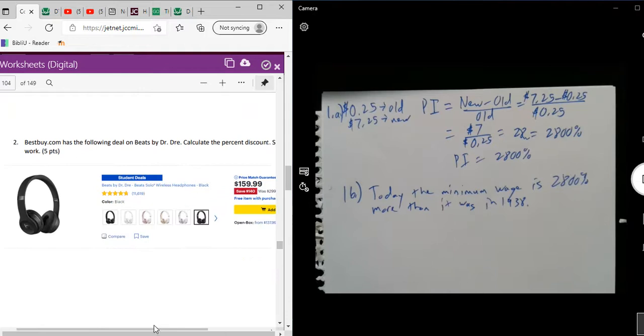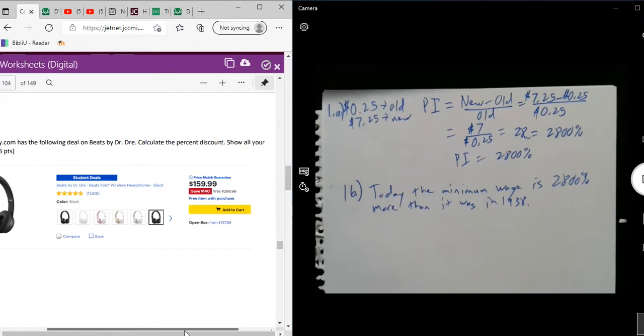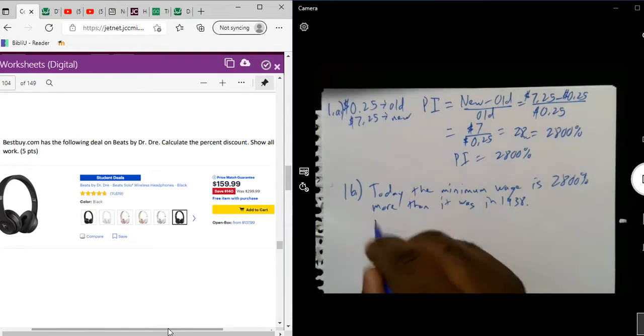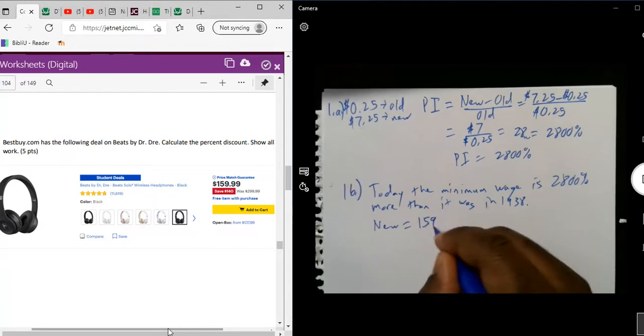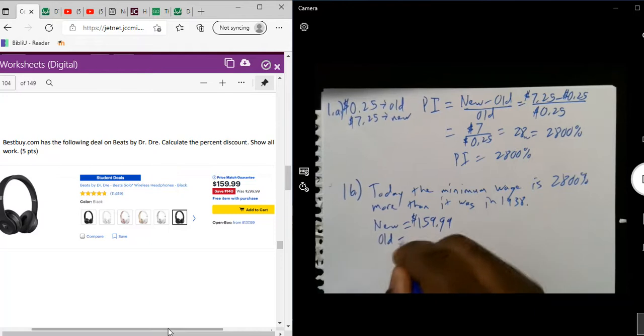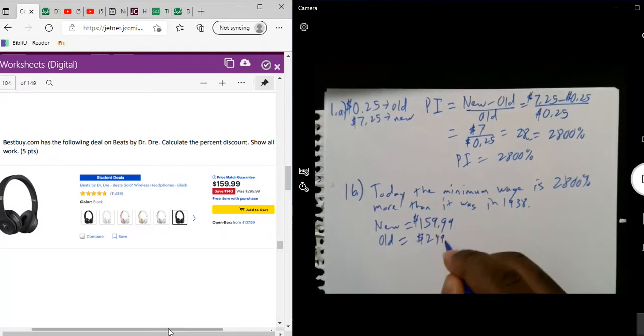Okay, now number 2. It says BestBuy.com has the following deal on Beats by Dr. Dre. Calculate the percent discount. Show all your work. The new, which would be the discounted price, is $159.99. The old would be the original price, which was $299.99.